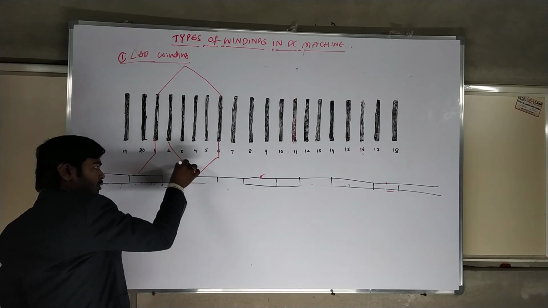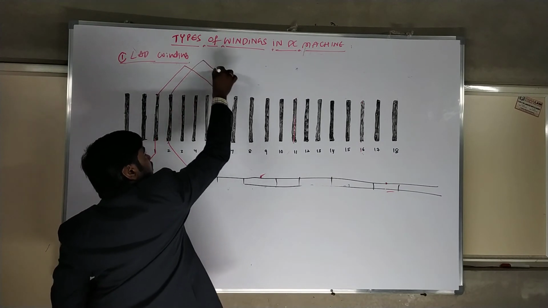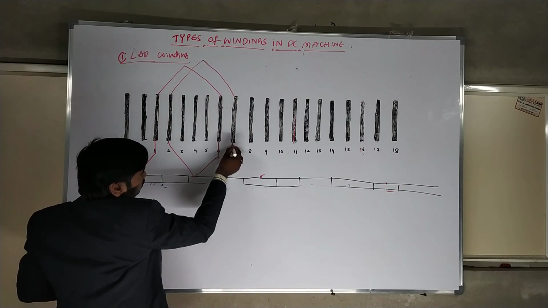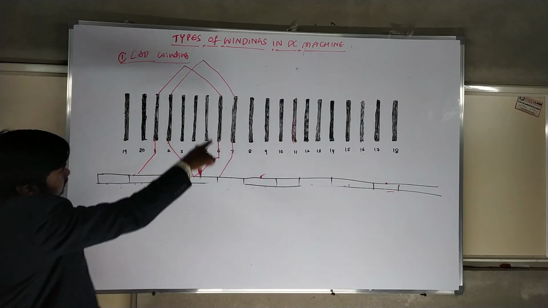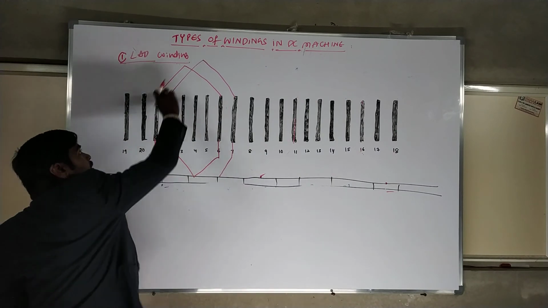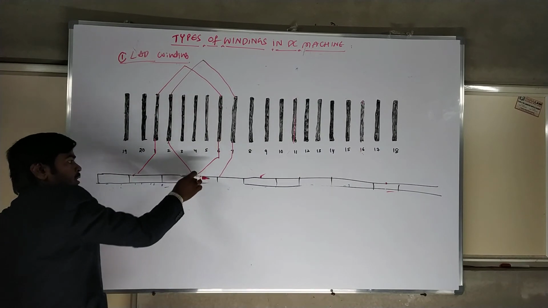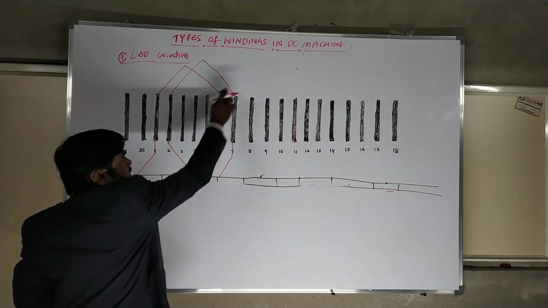Then it overlaps over here, then it goes like this, coming over like this. This winding is called a lap winding. It goes and comes like this, connects to a commutator segment, and then comes and connects like this.